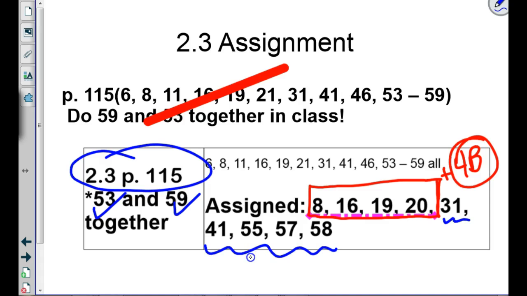You also have it on the blue sheet. But it's page 115, 31, 41, 55, 57, and 58. Read directions carefully, guys. You have to start by graphing on a bunch of those to find zeros, okay? You're not just guessing random numbers.